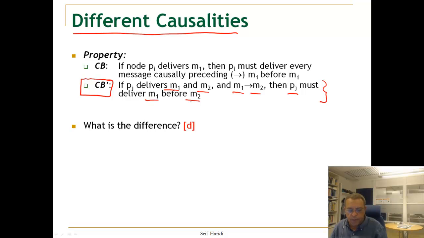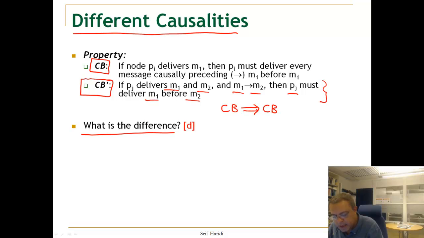So we have now two possible ways to formulate the causal broadcast property, and the question is, what is the difference between these two? The issues that we are going to discuss is, does CB imply CB prime, or does CB prime imply CB? And we are also going to see if CB prime is a property that we want or not.